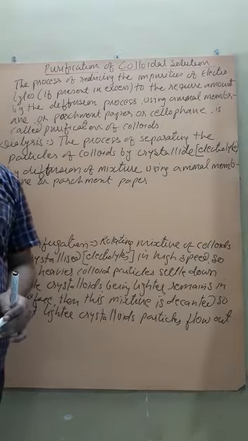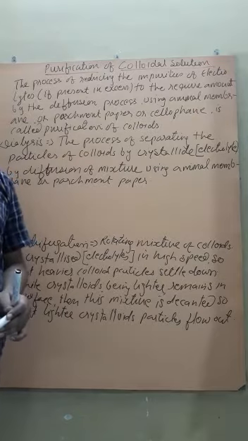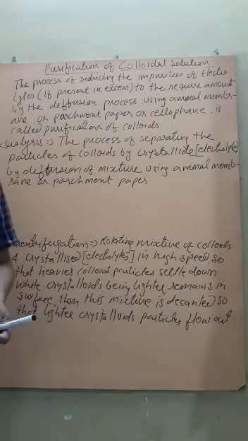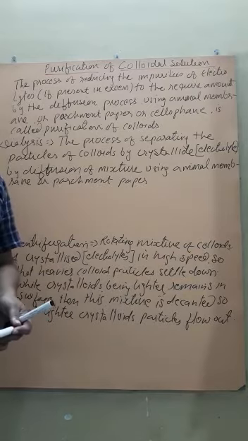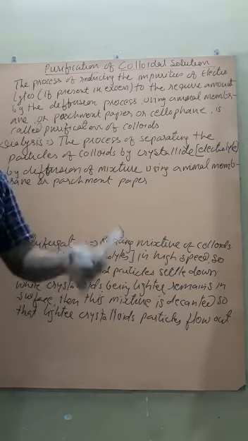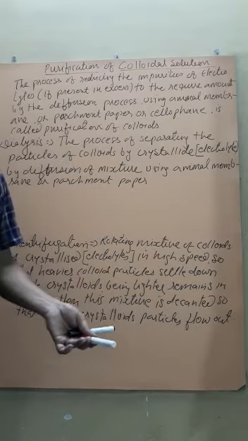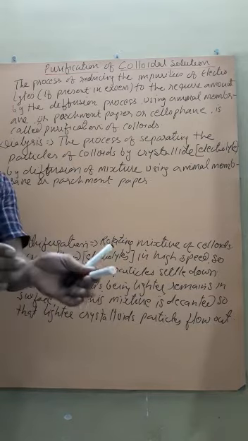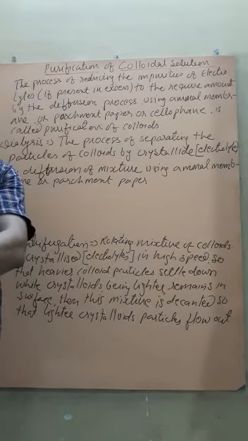This electrolyte is responsible for the formation of colloid. But the main thing is, its quantity must be limited. If its quantity is in excess, then besides the formation of colloid, the colloid itself will get precipitated out.